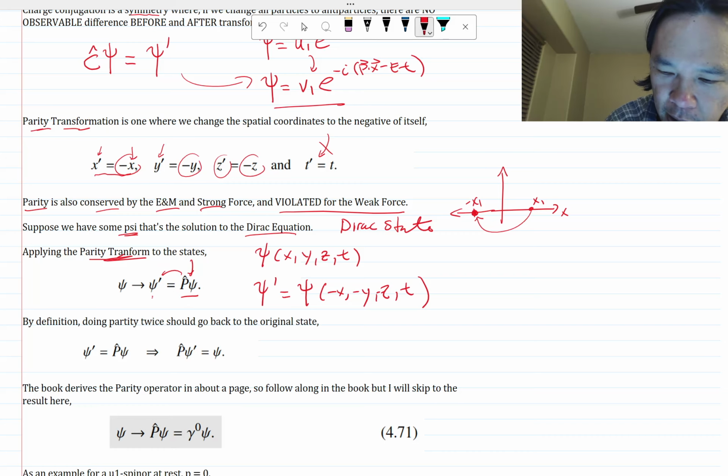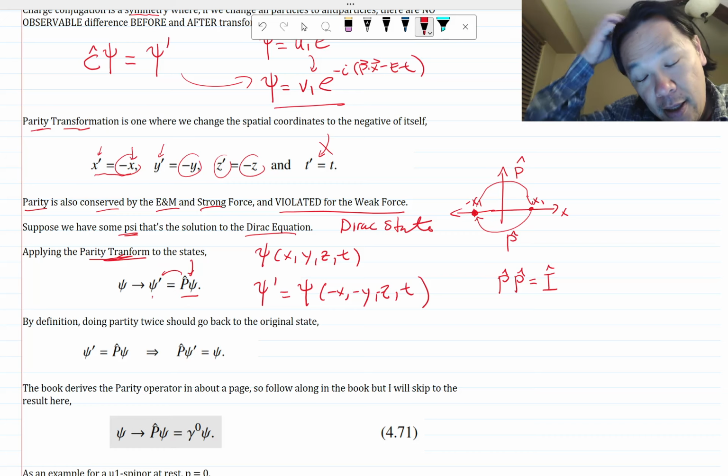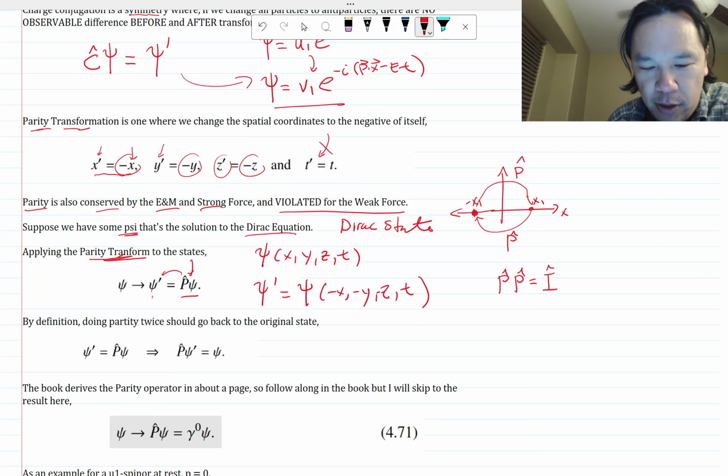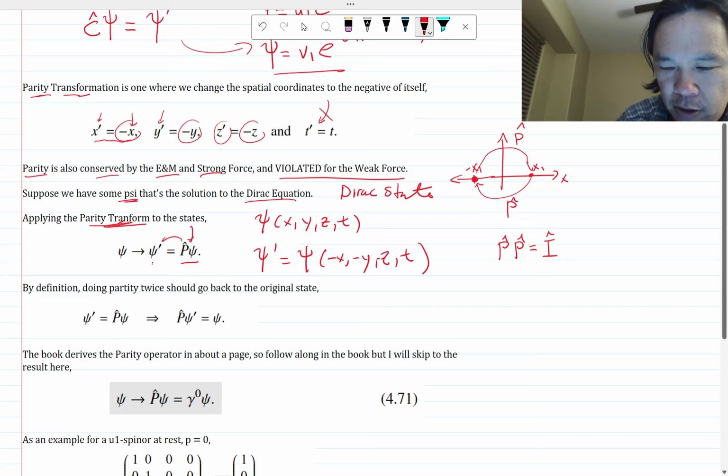But if we apply the parity operation again, it will flip back to the regular x1. So by definition, if you apply the parity operation twice, you basically don't do anything, and usually that's identified as the identity matrix, but let's not talk about matrices yet. We will see this in matrix form, but just think of these as operations: applying the parity operation twice does not change anything about the state.